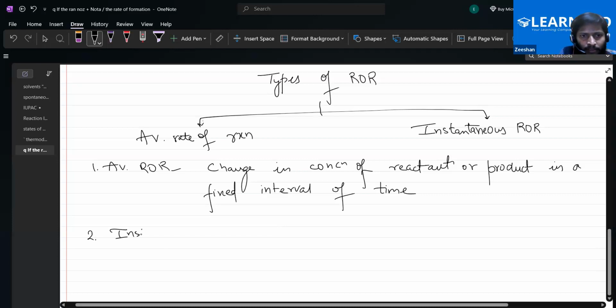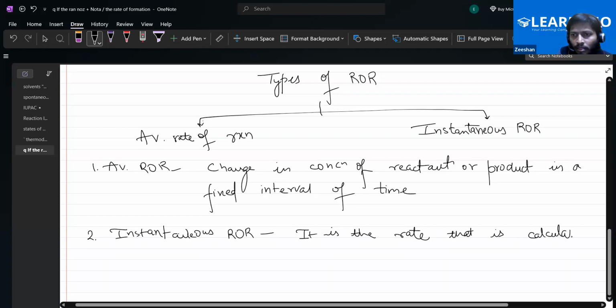Instantaneous rate of reaction is the rate that is calculated at a particular instant of time.